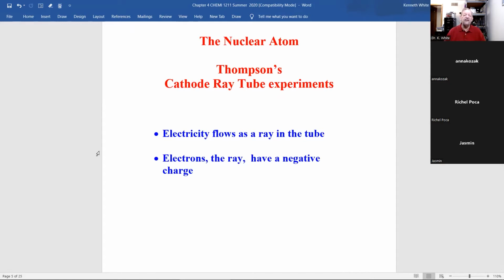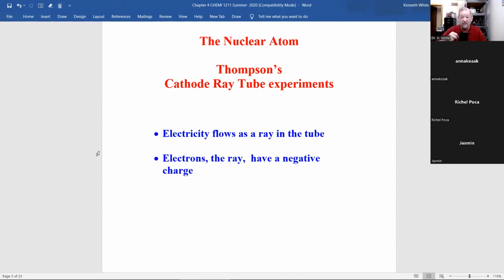And the first one you should be familiar with is Thompson's cathode ray experiments. And this, if you've ever seen the old TV sets with the picture tube, those are cathode ray tubes. Electrons are going through a magnetic field and hitting a screen that has chemicals, phosphors, that light up different colors when they're hit with the different amounts of electrons.